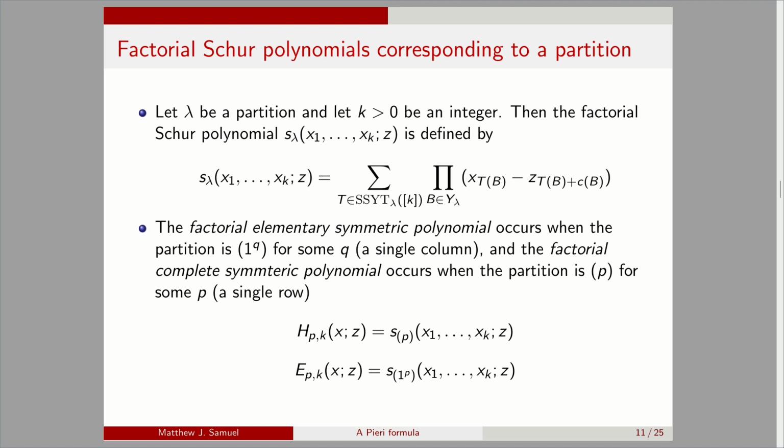Some special factorial Schur polynomials are the factorial elementary symmetric polynomial, which I mentioned earlier. This corresponds to a partition that is a single column. And the factorial complete symmetric polynomial corresponds to a partition that is a single row.